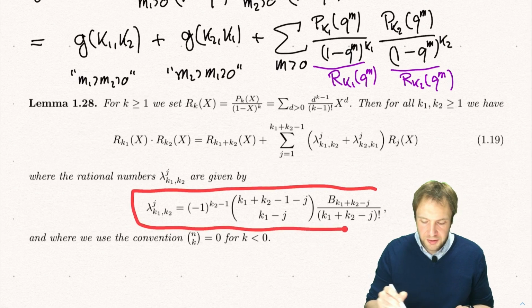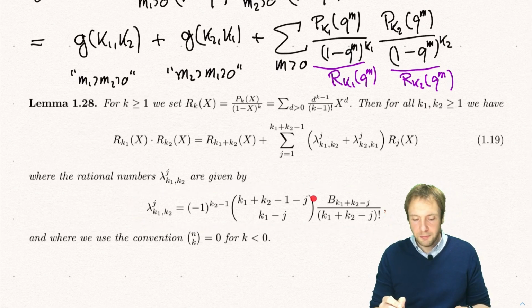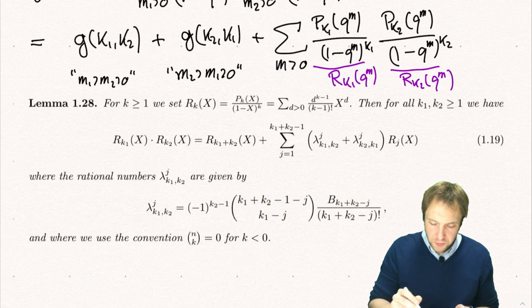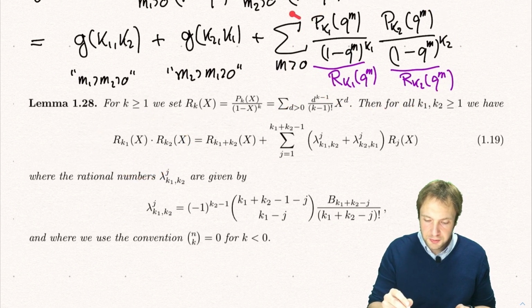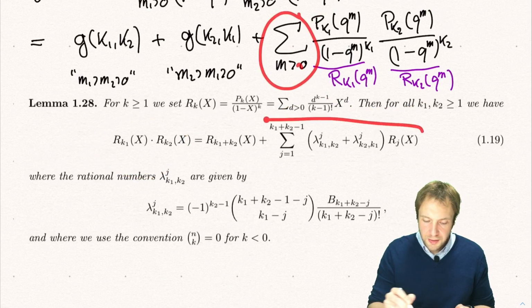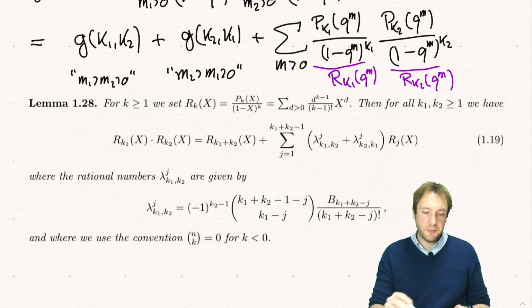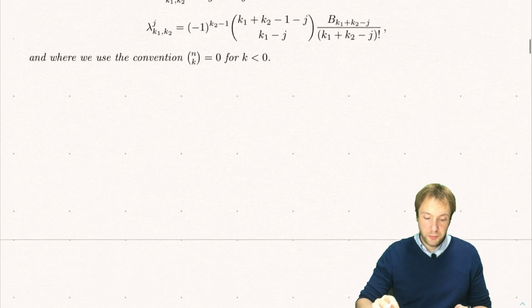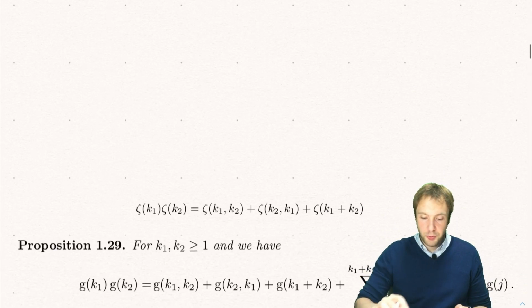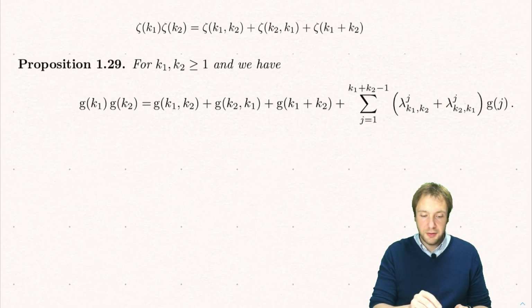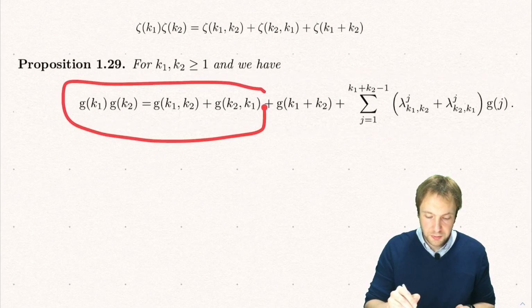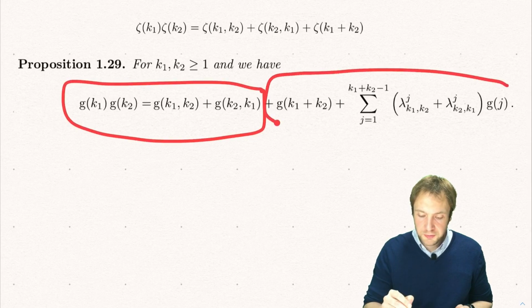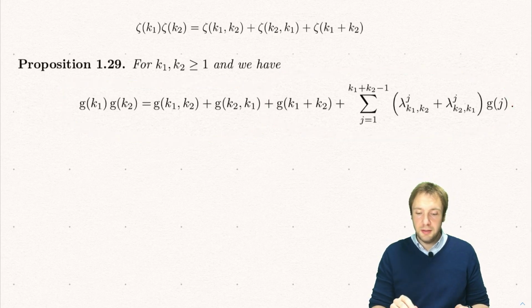These rational coefficients can be written down explicitly, given by binomial coefficients and Bernoulli numbers. If you plug this formula in here, since there's still the sum, this will give a linear combination of small g's. So more precisely, we will have this formula here. This part we saw above, and using the lemma for the remaining part gives this part here.